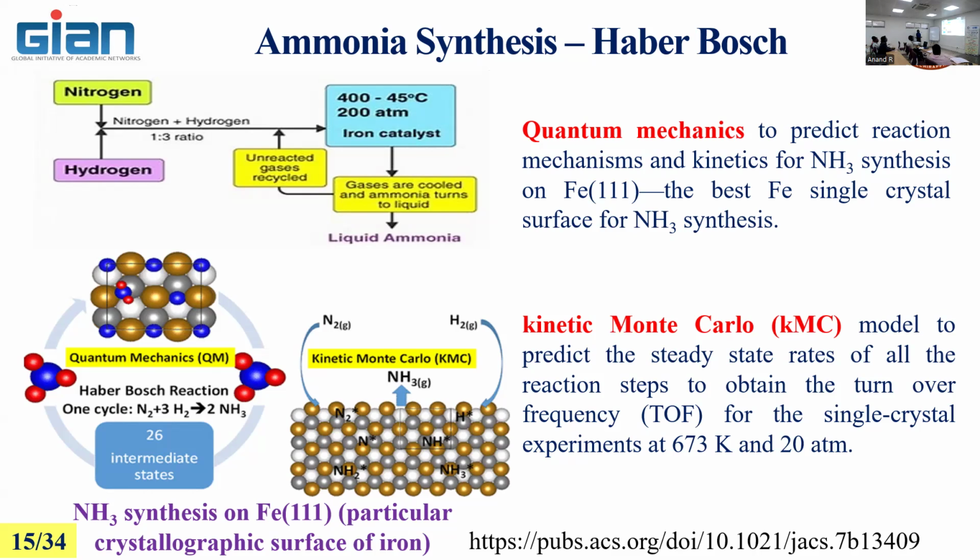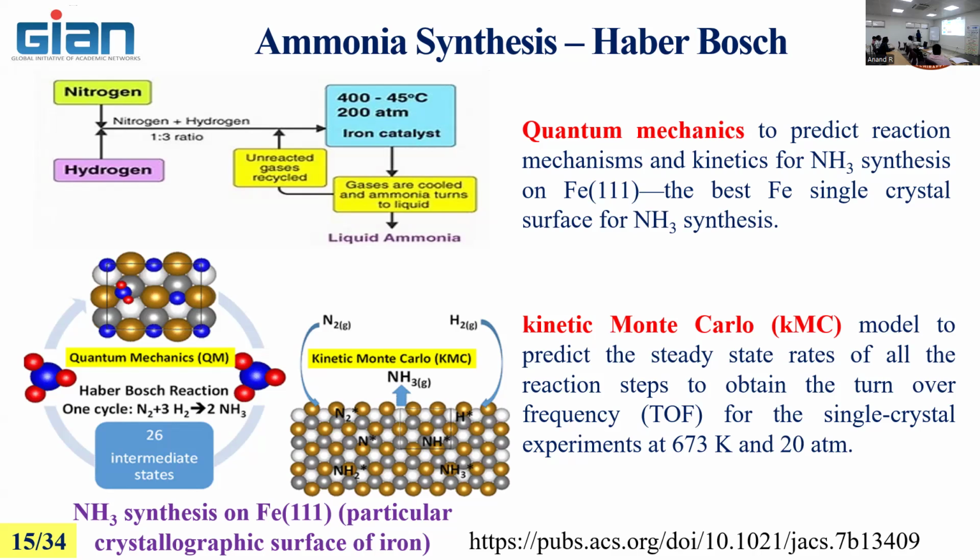For the Haber-Bosch reaction, in one cycle they claim that 26 intermediate states happen before forming ammonia. These are called intermediate reactions. From the nitrogen reaction to ammonia, with the breakage of nitrogen and the breakage of hydrogen, it forms different compositions in between.